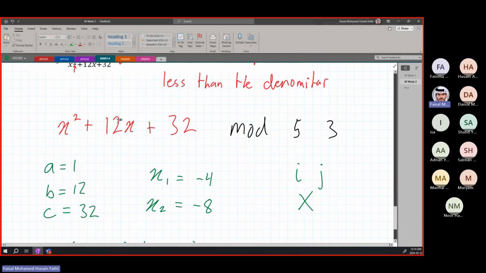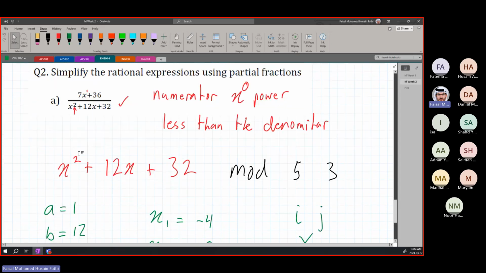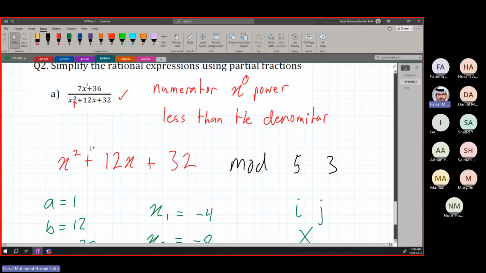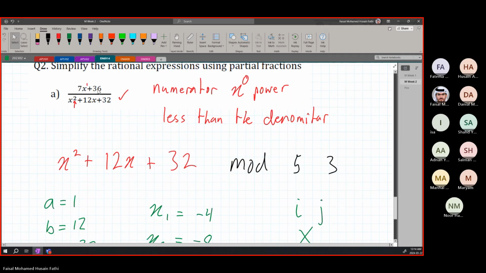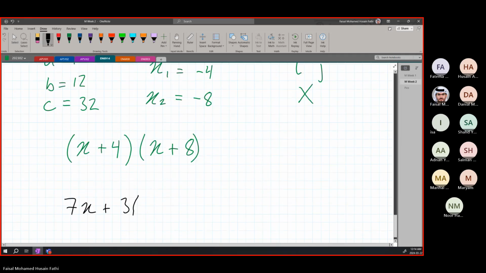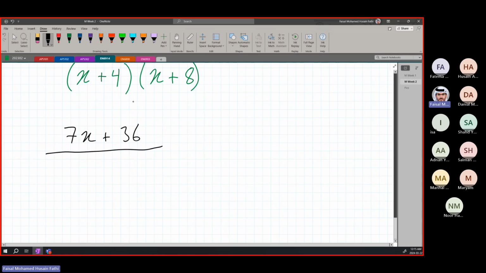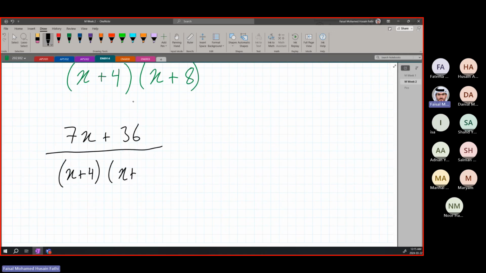And this is how you're going to factorize this expression. So we're going to just rewrite the question again now: 7x plus 36 over x plus 4, x plus 8.